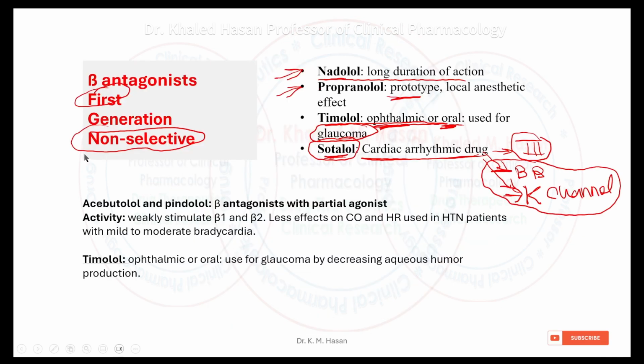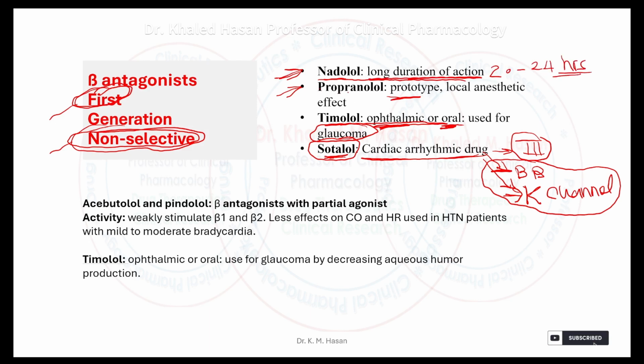Okay, speaking about first generation beta blockers. First generation beta blockers are considered non-selective beta blockers. Nadolol, we discussed it already. Nadolol has a long duration of action, between 20 to 24 minutes. 20 to 24 hours, not minutes, sorry about that.